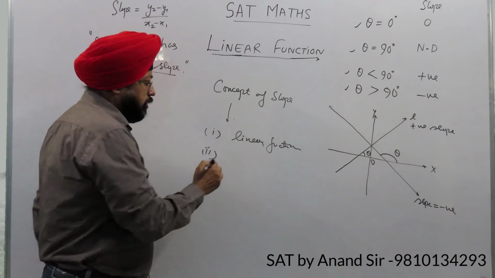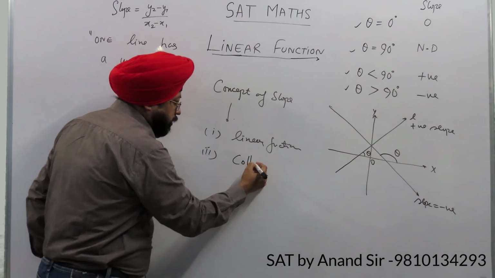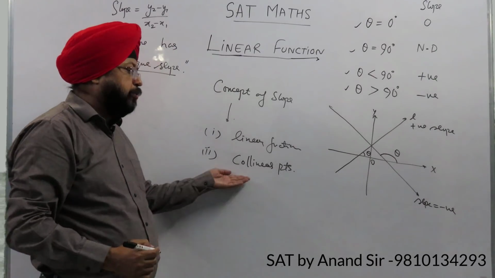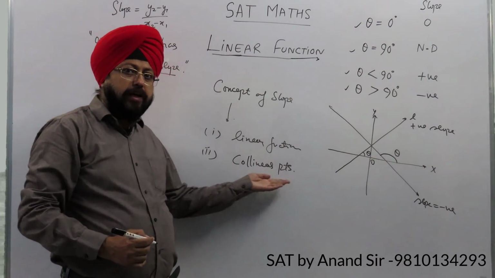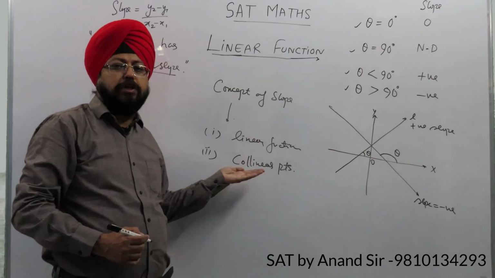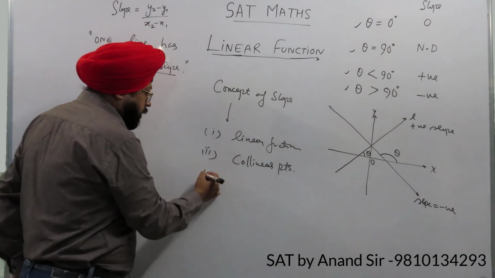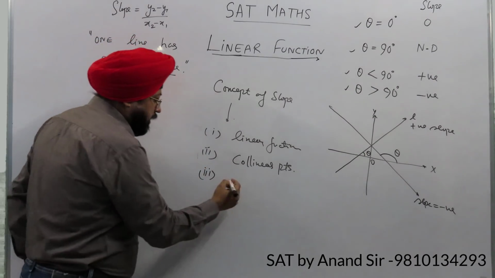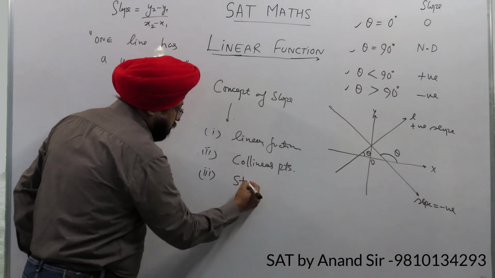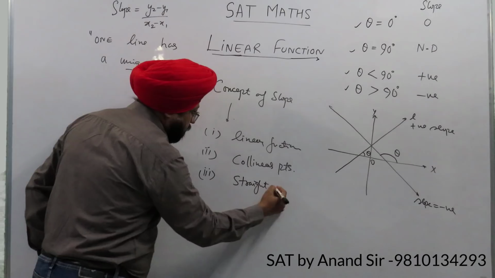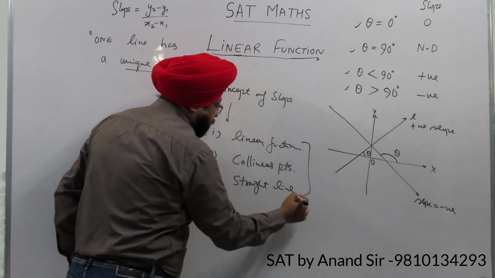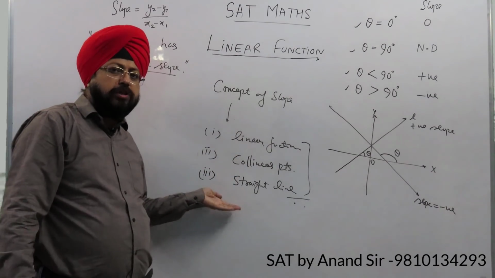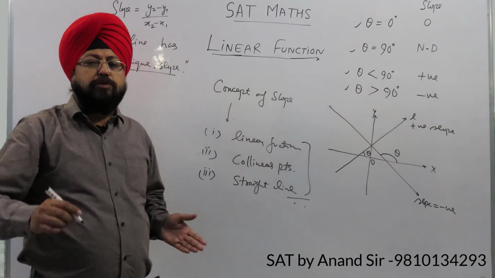Number two, wherever collinear points are mentioned, collinear points means the points are on the same line. It means again it's a linear function, so you have to use the concept of slope. The third point is whenever a straight line is given. Whenever you sense that it's a linear function, it may be given in these three forms, and you have to use the concept of slope.